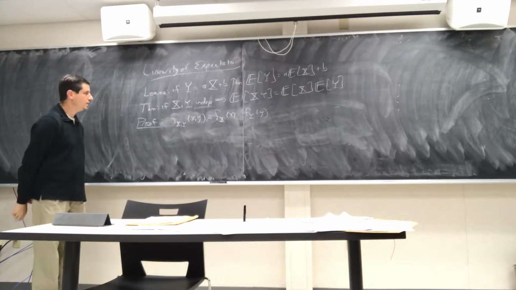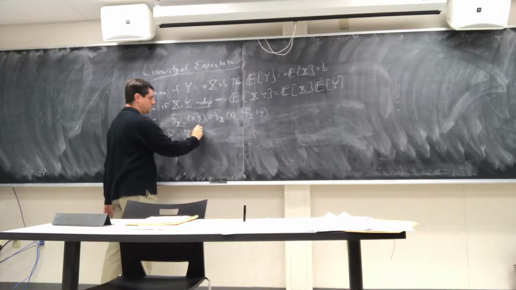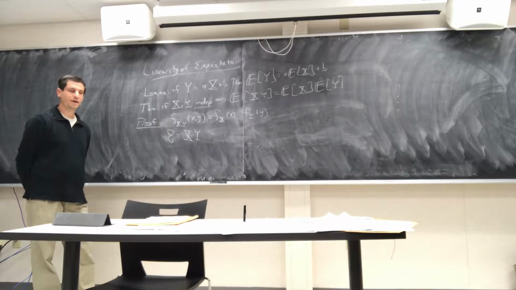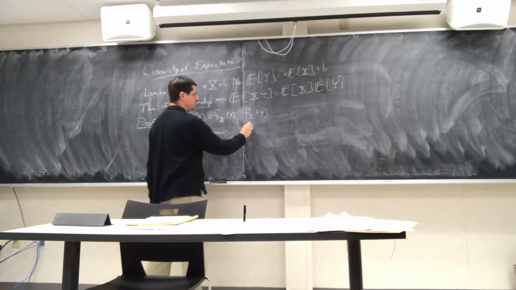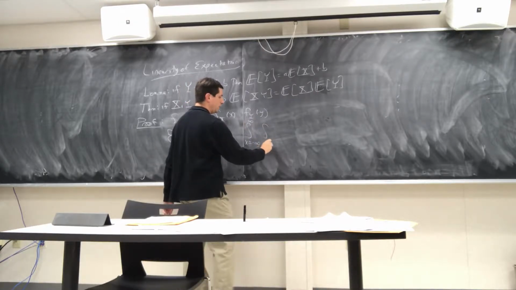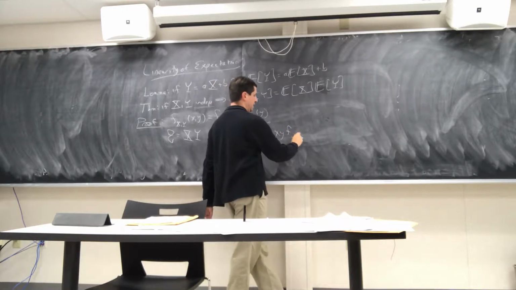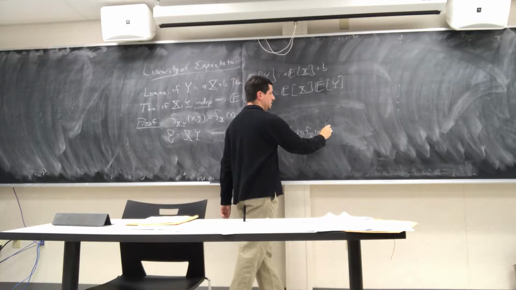And so if we let z equal xy, and we want to calculate the expected value of z, this is going to lead to the following calculation. The integral x goes from minus infinity to infinity, integral y goes from minus infinity to infinity, xy fx of x, fy of y, dy dx.